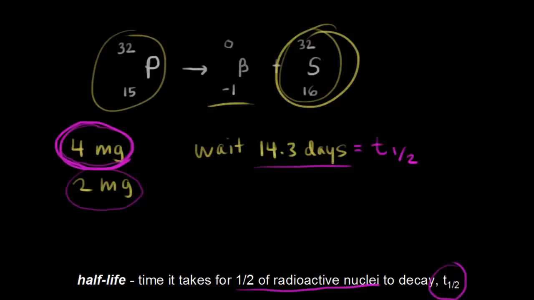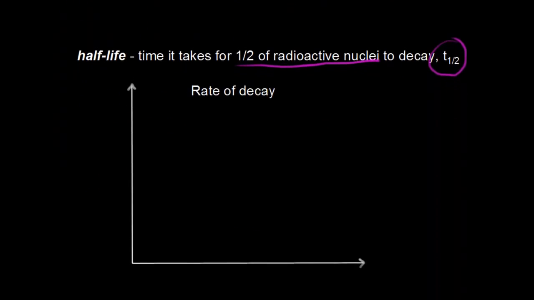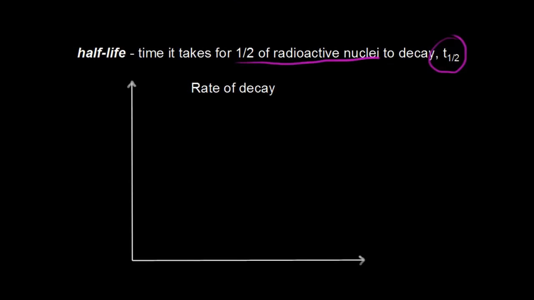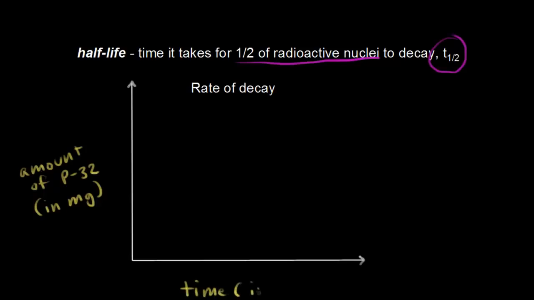Next, let's graph the rate of decay of phosphorus-32. And so let's look at our graph here. On the y-axis, let's do the amount of phosphorus-32, and we're working in milligrams here, so this will be in milligrams. On the x-axis, let's do time, and since the half-life is in days, it just makes it easier to do this in days.